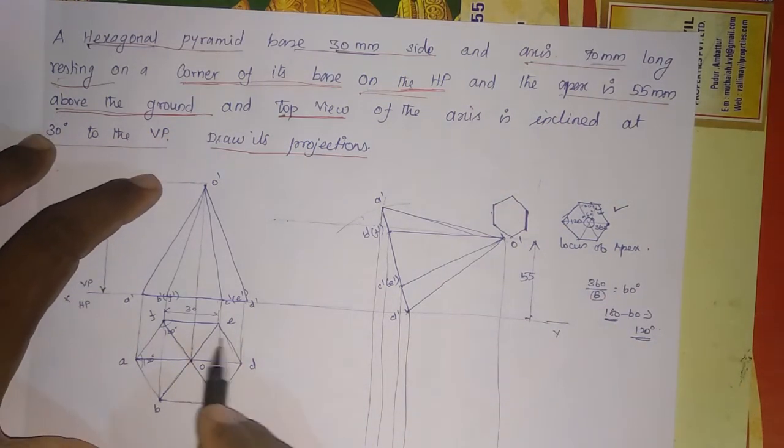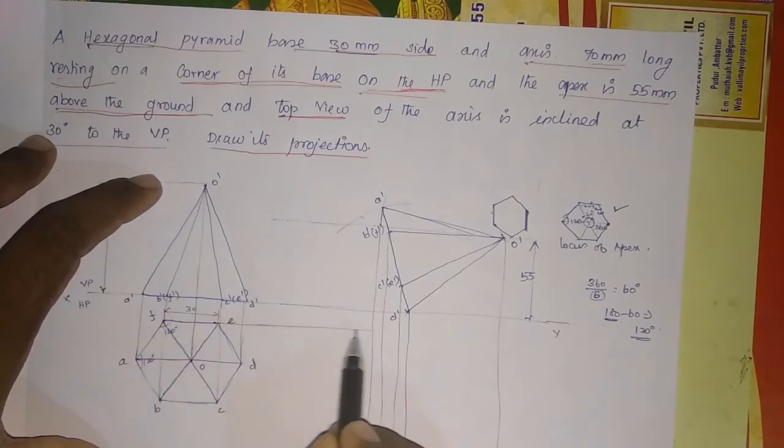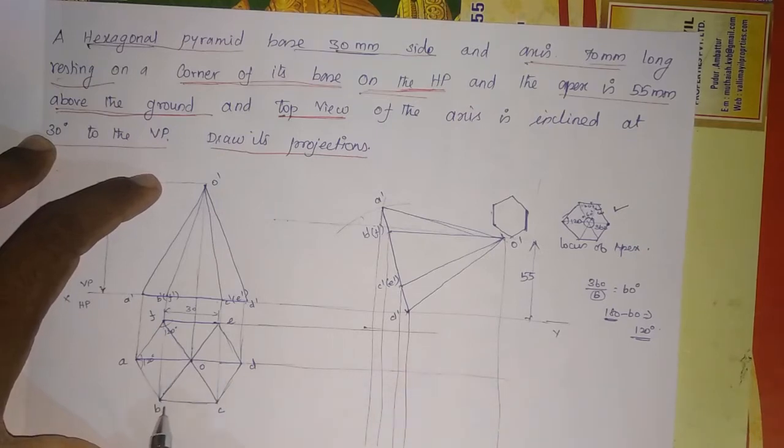Likewise, F and E are in the same line, A, D, O are all in the same line, and B and C are in the same line.